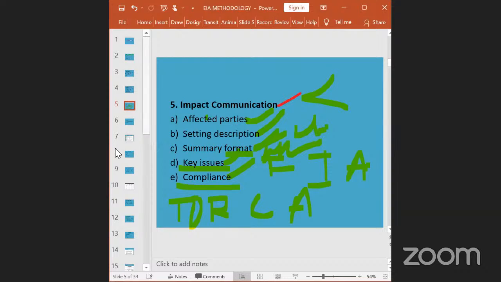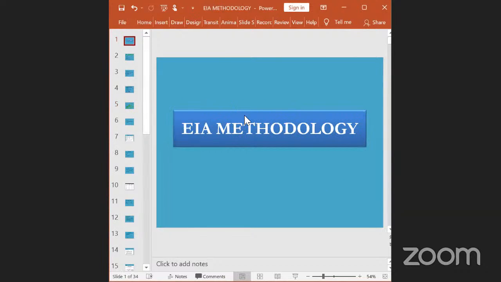So EIA methodologies, right? Whenever a new development project is planned which is likely to affect environmental quality, it is necessary to carry out EIA. These EIA methods determine whether the project under consideration falls under the jurisdiction of the relevant acts and regulations, and if so, whether it is likely to create a significant environmental disruption.